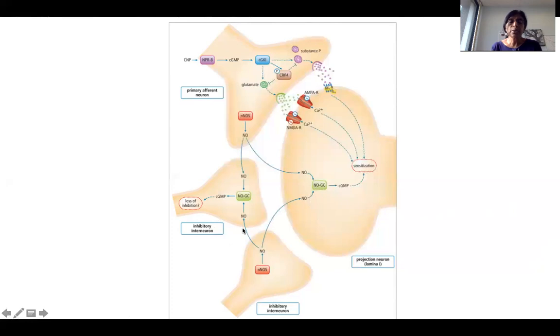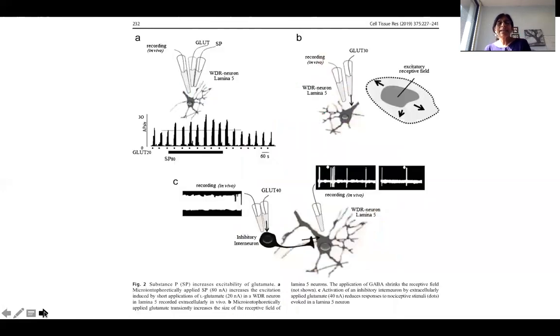So now you're talking about loss of inhibition. Nitric oxide is another inhibitory interneuron. This is a good understanding of how complex the mechanism is for substance P, glutamate, first order neuron, second order neuron, inhibitory neurons, nitric oxide, just a complex arrangement.